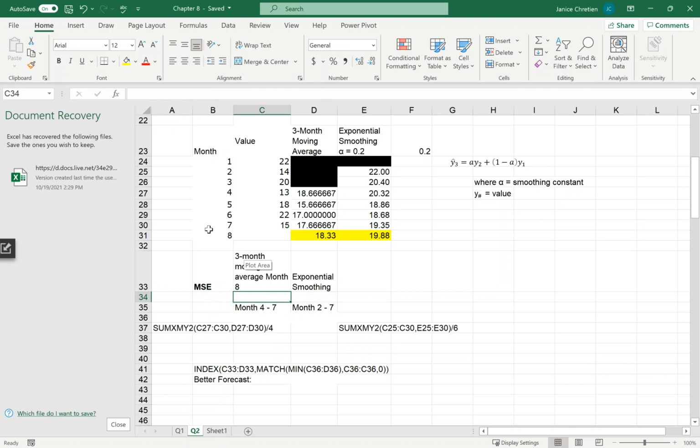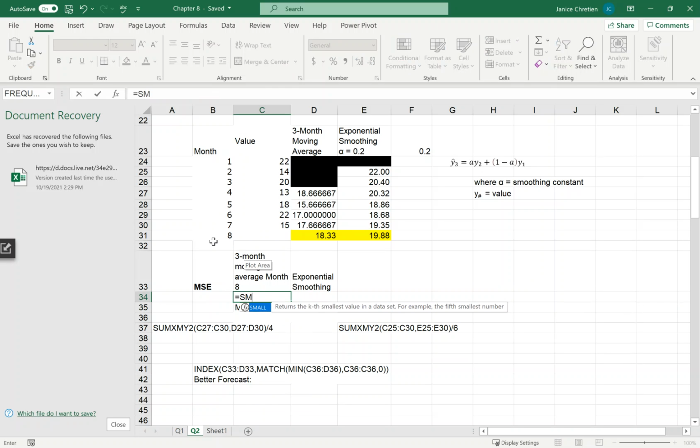See, months 4 through 7. So that's the value of months 4 through 7, comma, then you're going to do the 3-month moving average for months 4 through 7. Close that out, and then divide it by 4 since there are 4 months.